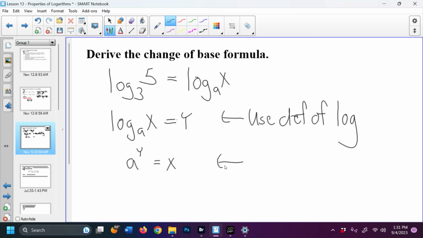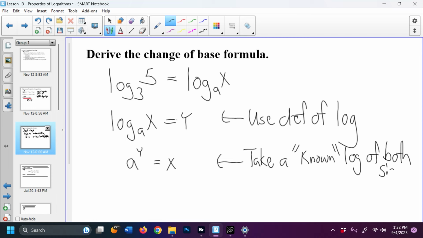And so here, I'm going to take a known logarithm, something that's calculable.